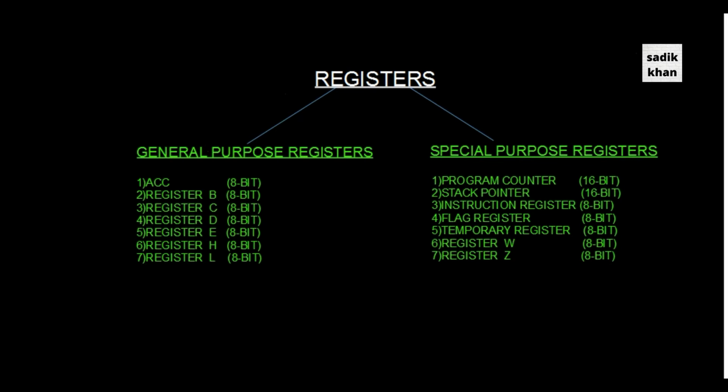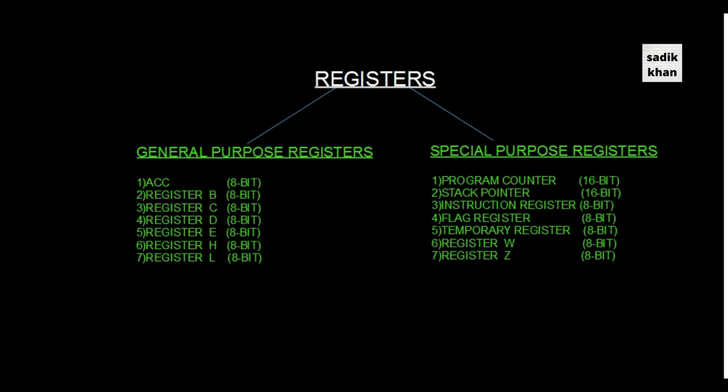Now the size of these registers: here you can see all general purpose registers are 8-bit, because this 8085 microprocessor is an 8-bit processor. That means it will take 8-bit data at a time, process 8-bit data, and release 8-bit data.